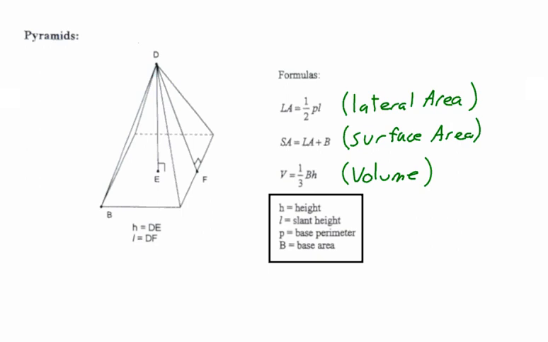In order to use these formulas, you notice each formula has different variables or different letters inside of the formula that we need to calculate. Lateral area has a P and an L. The surface area is LA plus B, and then volume has a capital B and an H. So we'll go over what all of those mean in this video.